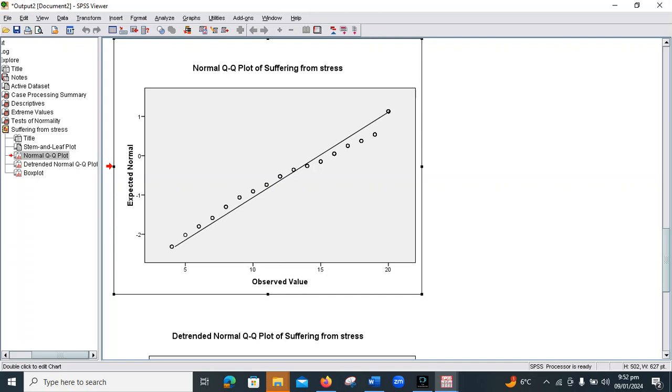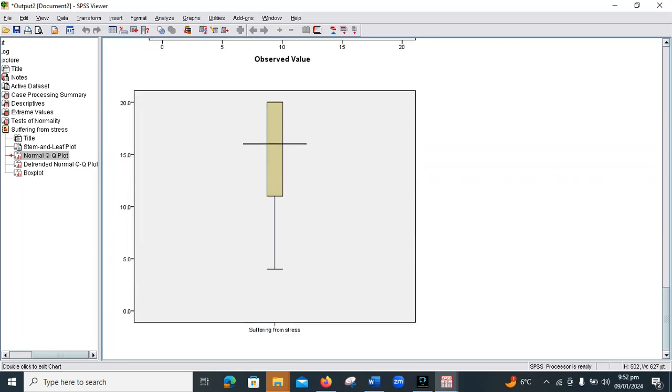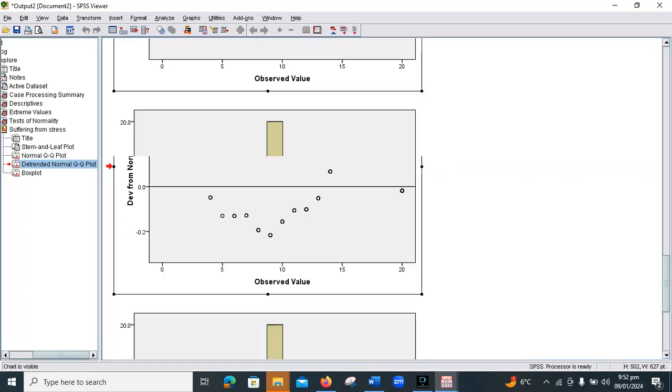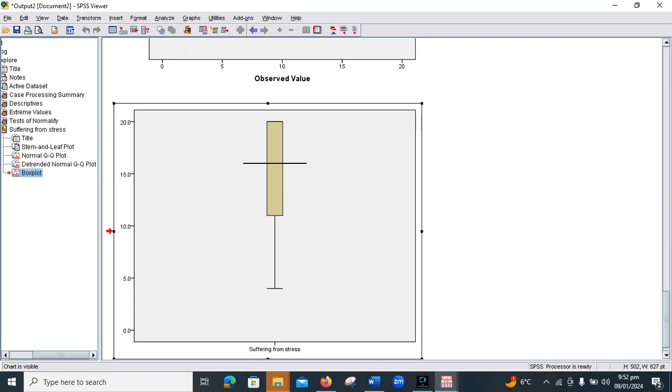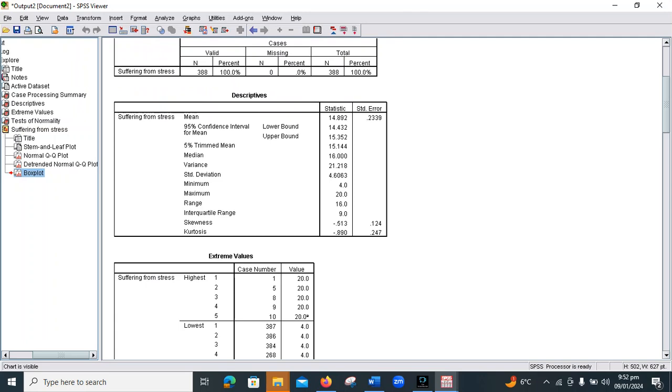I have copied it to the Word file for your understandability, so we are going to discuss it. Okay, so these are the basic statistics and this table, descriptive. I have copied this table to the Word file.